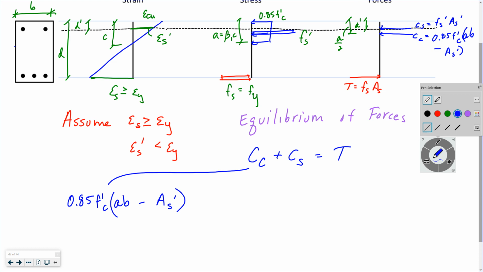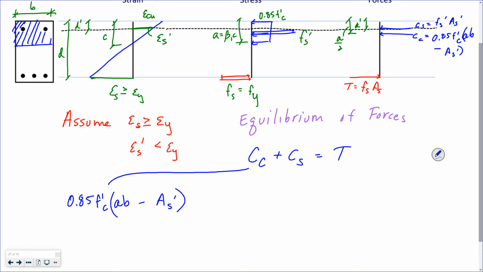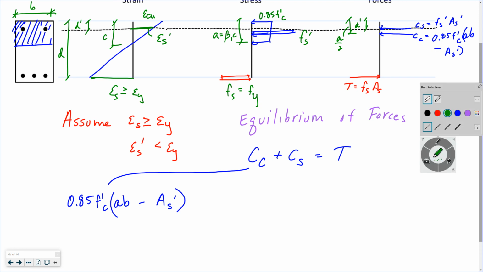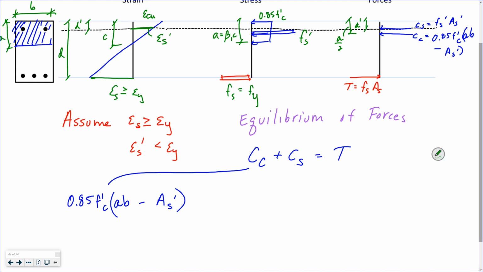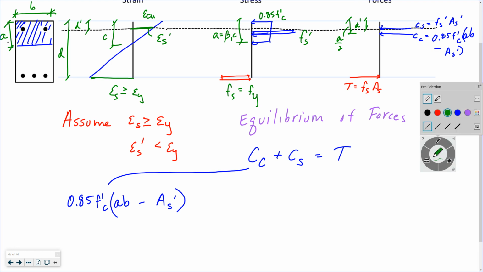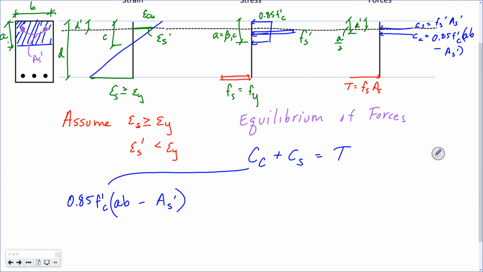My area in compression is a times b, but I got these two little bars that aren't concrete, they're steel.